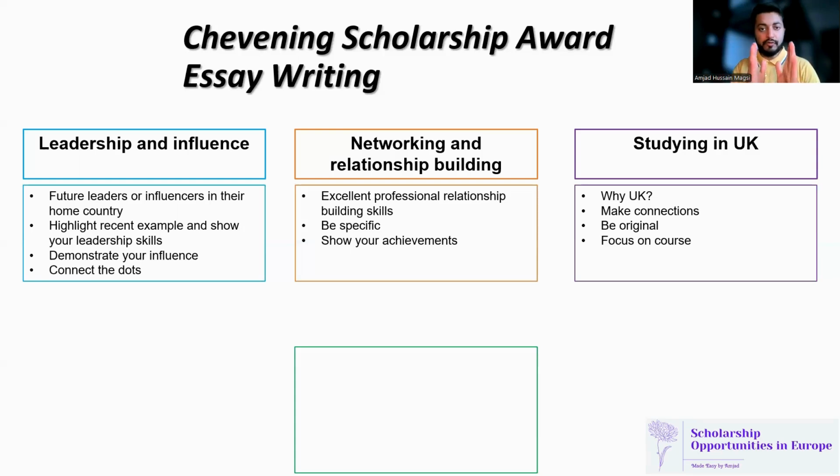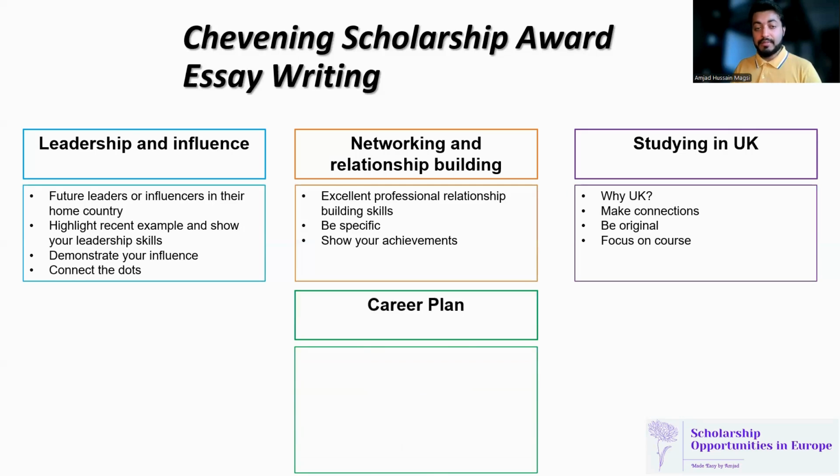You have to focus on that course and justify that. You can say the UK has a very good culture and some of the best universities in the world that provide good education and so on, but you have to justify that you like UK universities and you want to study because of this and this.